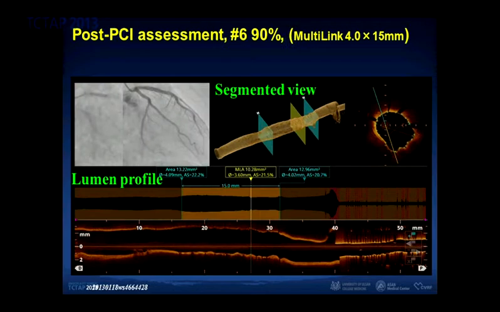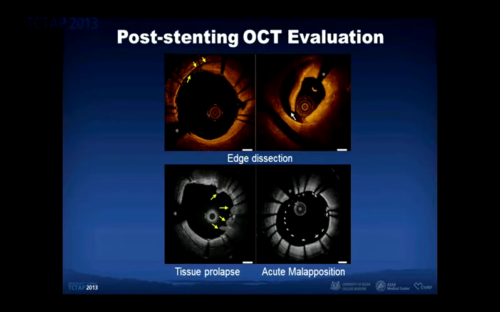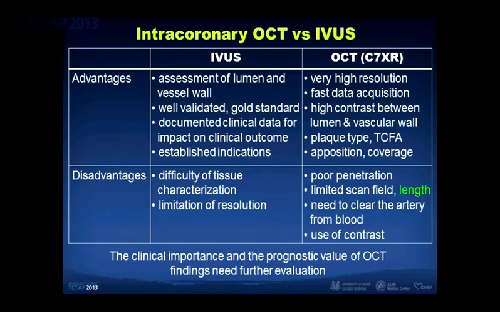And also after stenting, we can clearly identify the success of our procedure or some abnormal findings after stenting. This is one of the post-stenting abnormalities evaluated by OCT. Stent incomplete apposition, tissue protrusion or dissection can be identified very easily. And there are, as I told you, several discussions about the advantage and disadvantage of IVUS and OCT.